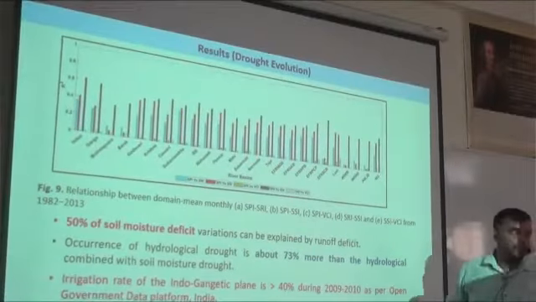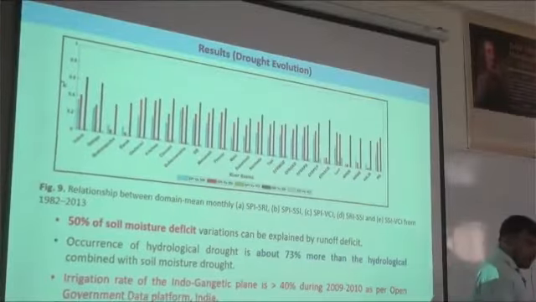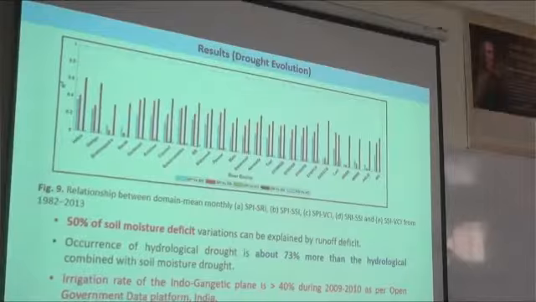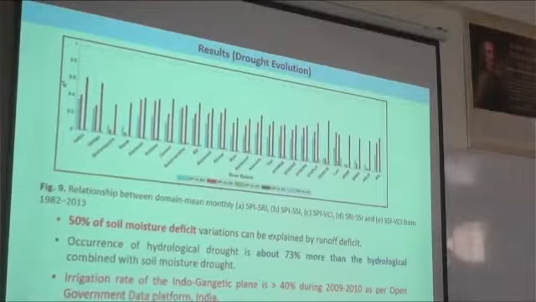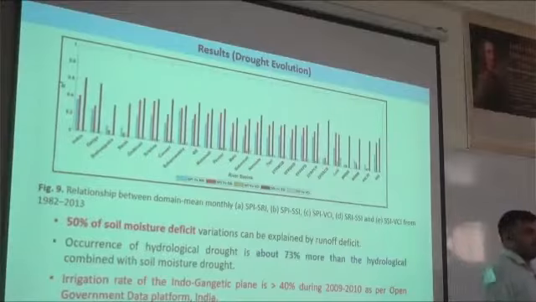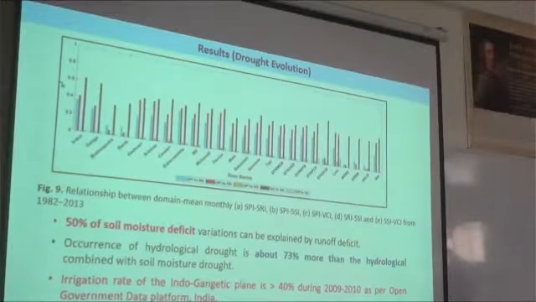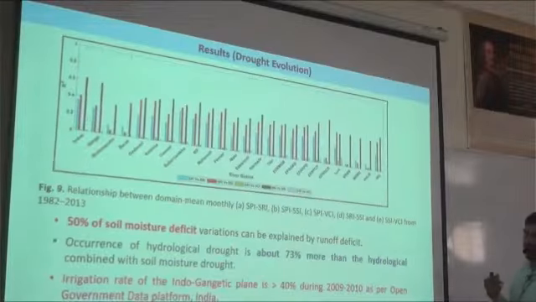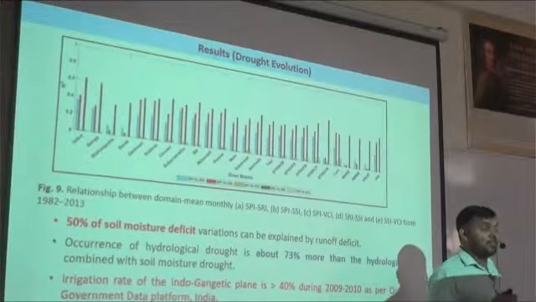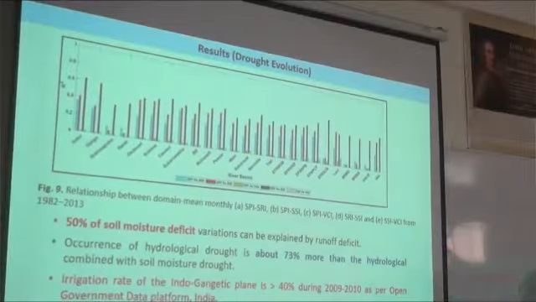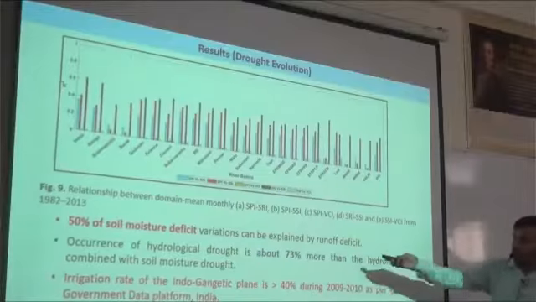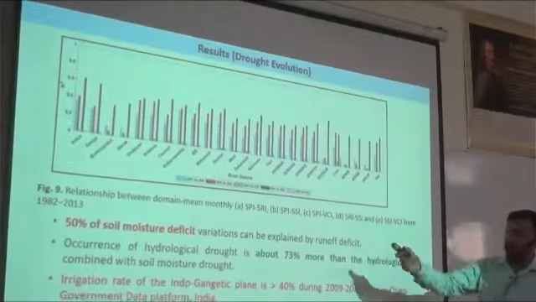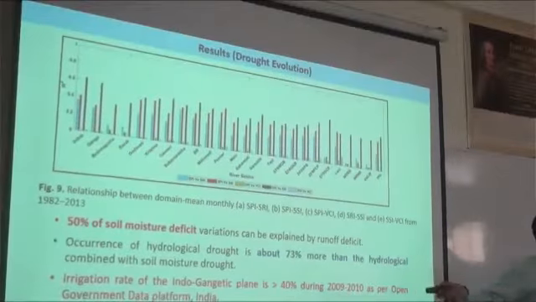Why is it so? Because we have the issue with the hydrological drought, but we do not allow agriculture drought to occur because of the irrigation. We have the deficit of soil moisture due to runoff also, but since we are compensating with the irrigation process, that's why this value is not equal to this. However, it is more than 73%, and the reason is that we are doing irrigation at a very high rate.